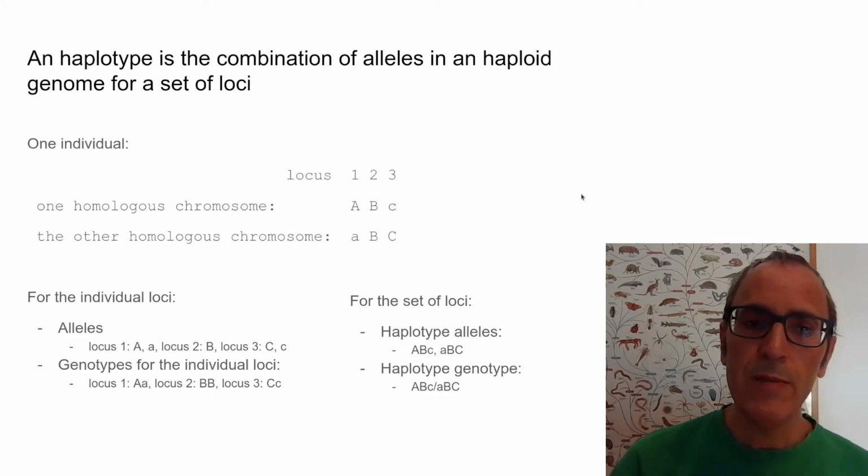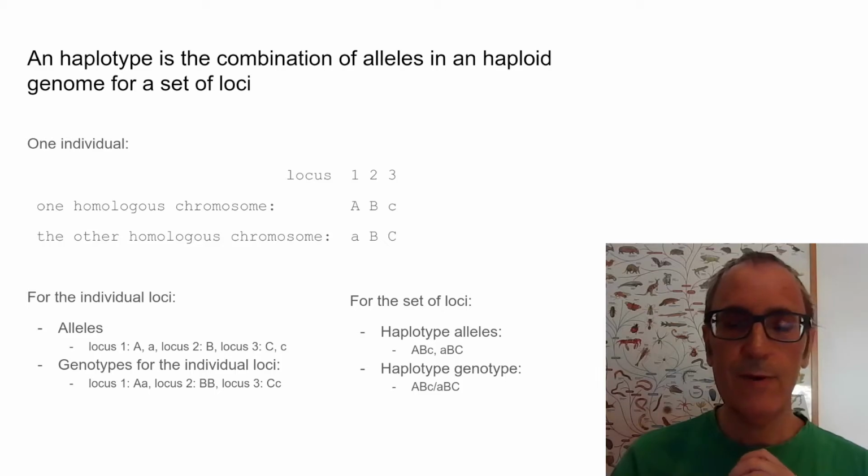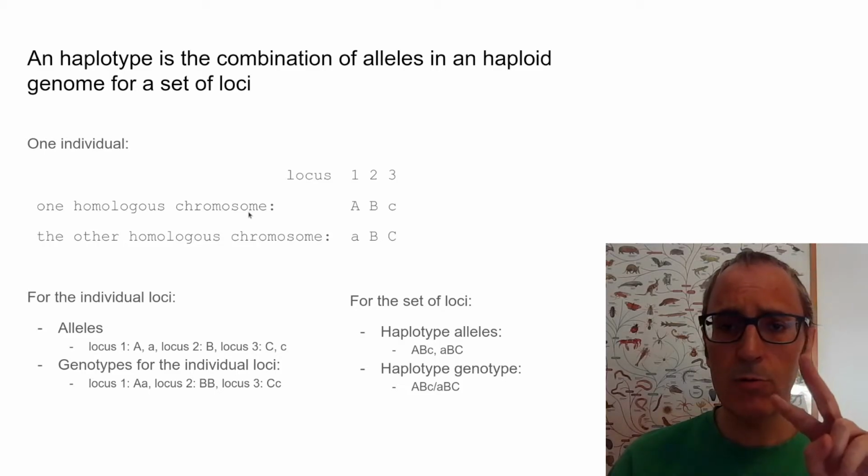What do we mean by haplotype? Imagine that we have diploid individuals. Our species is diploid, so each individual will have two homologous chromosomes.